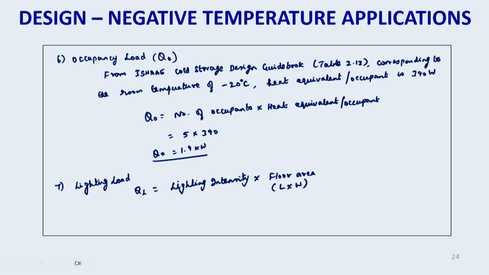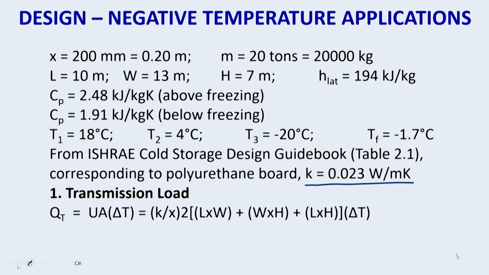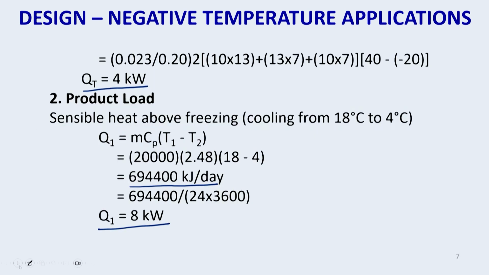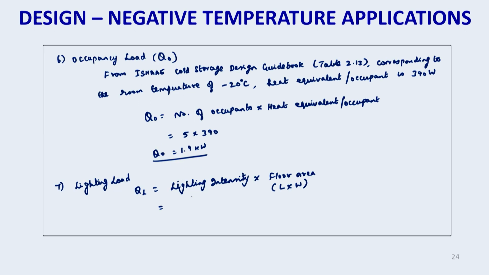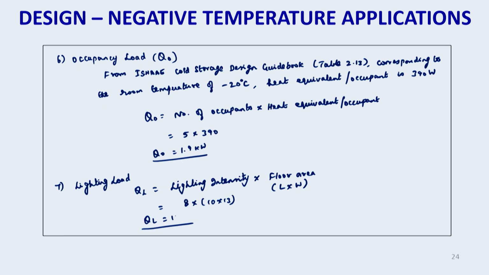Lighting intensity is given in the problem as 8 watt per meter square. The length is 10 meter, width is 13 meter. So the lighting load comes to 1 kilowatt.